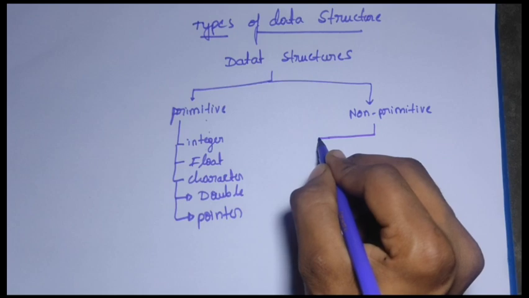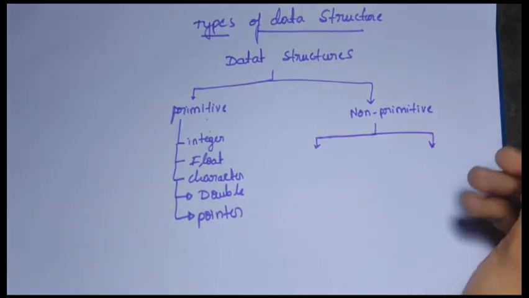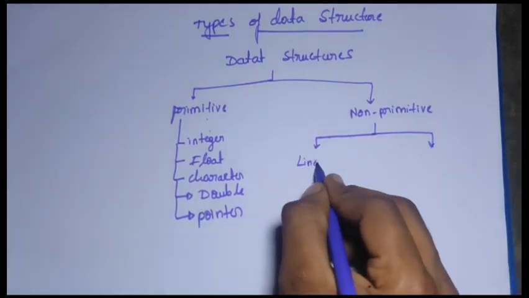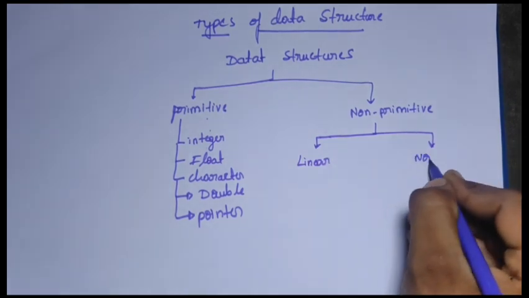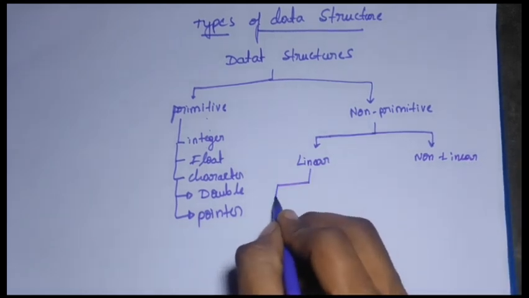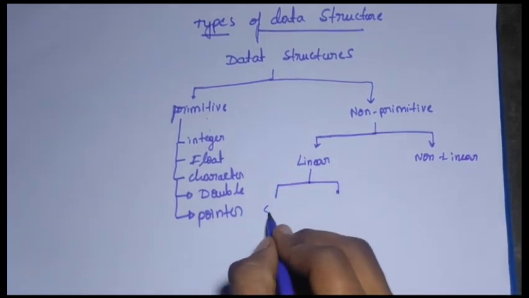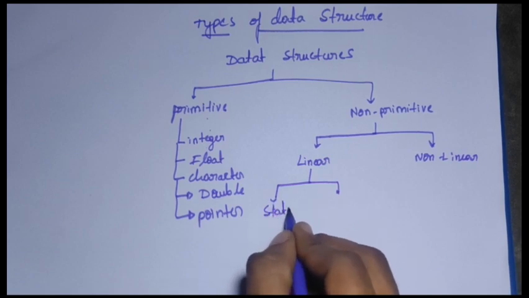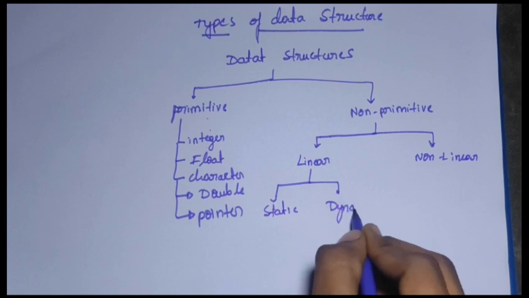The non-primitive data structure can be further classified into linear data structure and non-linear data structure. Okay, the linear data structure is further classified into static and dynamic.